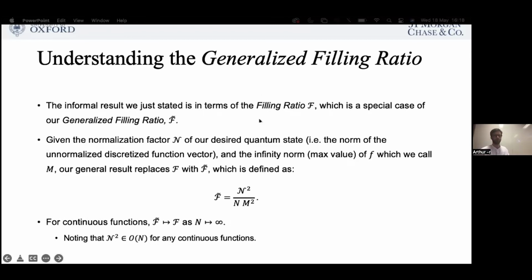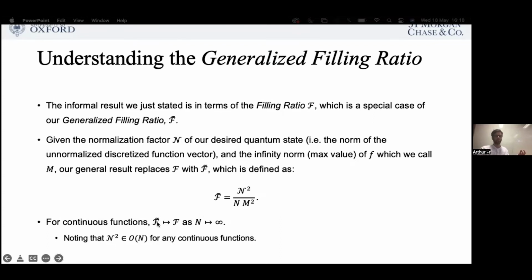In particular, given the normalization factor of the desired quantum state, which is essentially the norm of a vector embedding of your function that's unnormalized, and the infinity norm, or the maximum value of the discretized vector, which we call m, our general result replaces f with f tilde, which is defined as the square of the normalization factor divided by N times the maximum value squared.